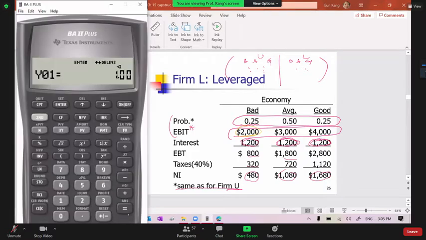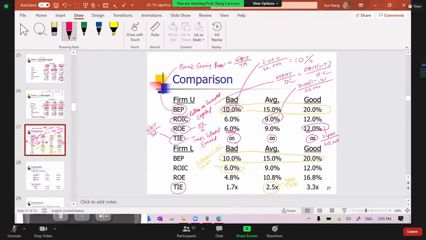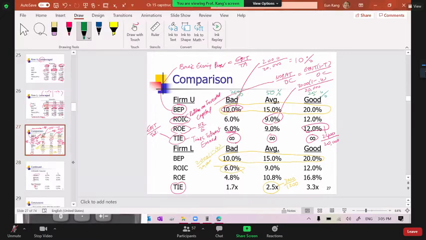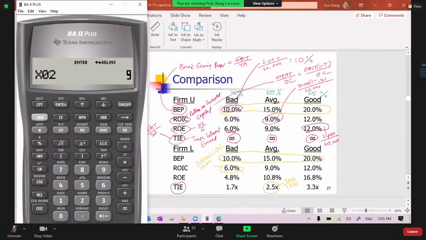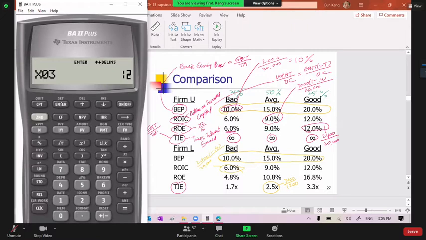So it's 25, 50, 25. X2 is ROE 9, so 9, enter. Y2 is 50. X3 is 12, so 12, enter. Y3, 25.